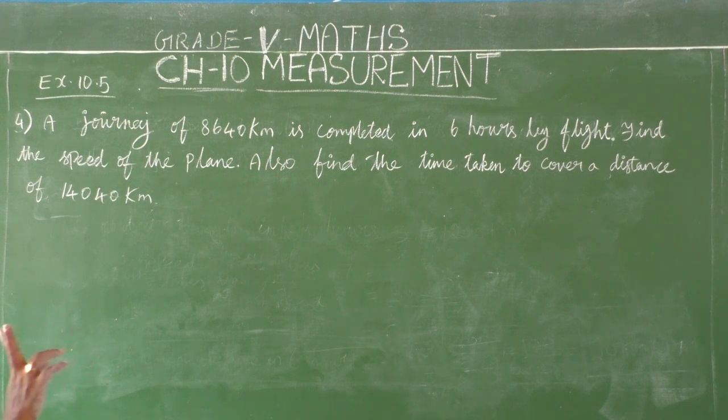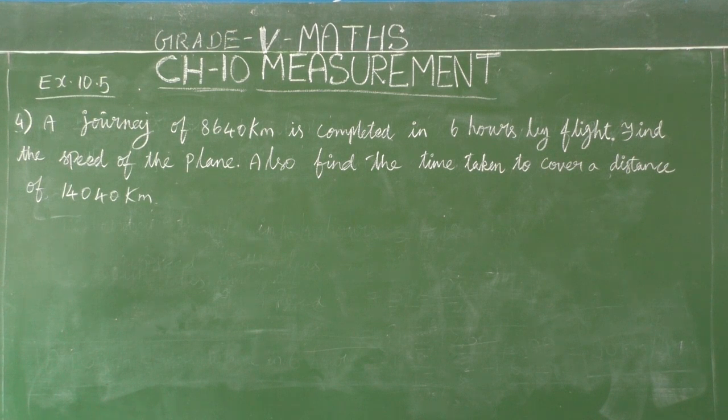In this question they are asking two questions. Sub questions are there. First one they gave the distance and timing. We are going to find out the speed. Then in that same question they are asking also find the time taken to cover a distance of 14,040 kilometer. Another sub question they are asking.